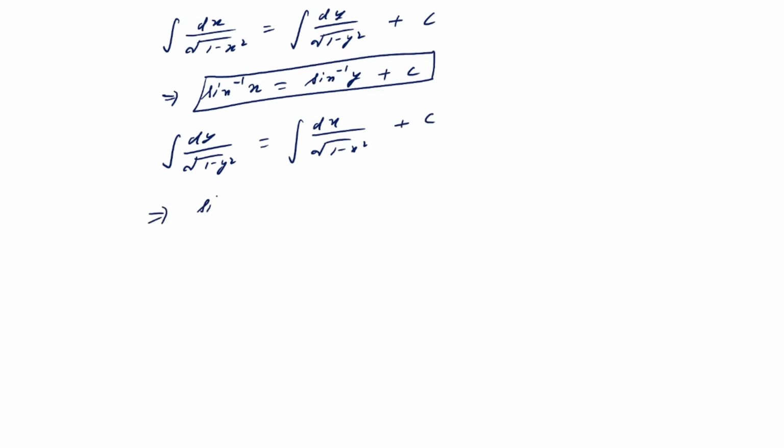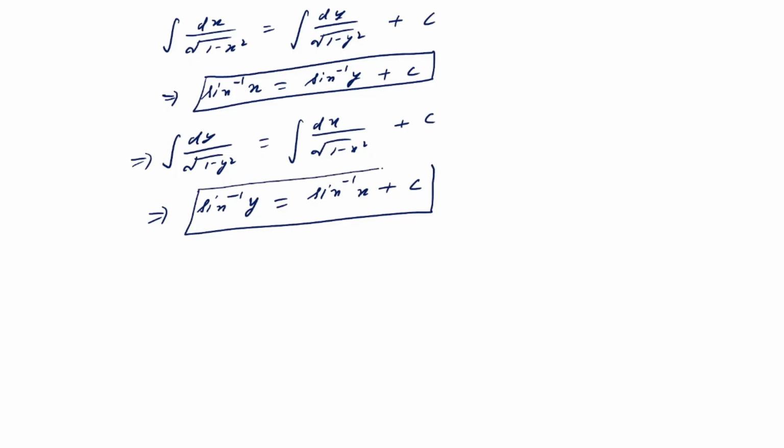This implies that sine inverse y equals sine inverse x plus c. Both answers are correct, but always try to keep y on the left hand side. So this is the question you have to understand. Now let's see a few more questions which will help you to get the solution of the equations.